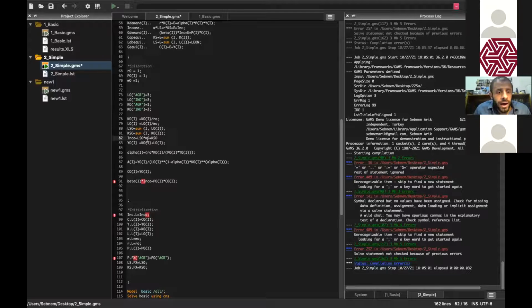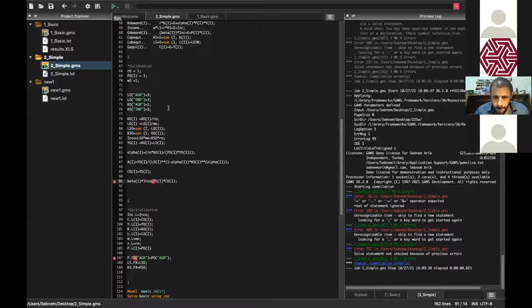That's why we have to put LSO and KSO after KO and LO to make the calibration of LSO and KSO volumes, not quantities. Okay. And that's why wherever we have inc O, GAMS told us that there is an error, because GAMS couldn't find the value of inc O. Okay. So run again. Still, I have something wrong with this.